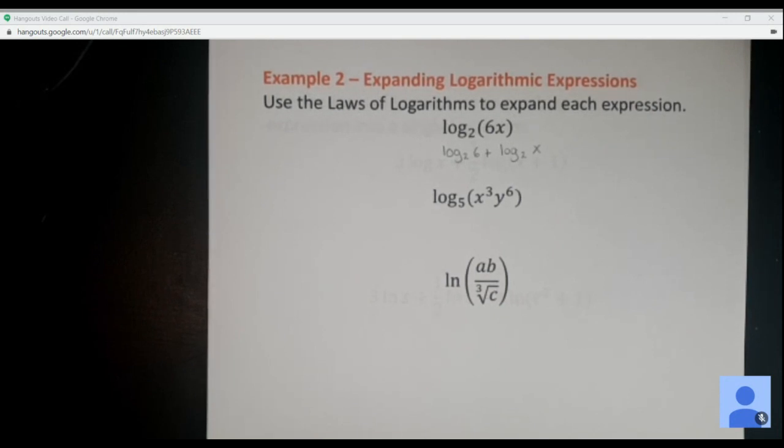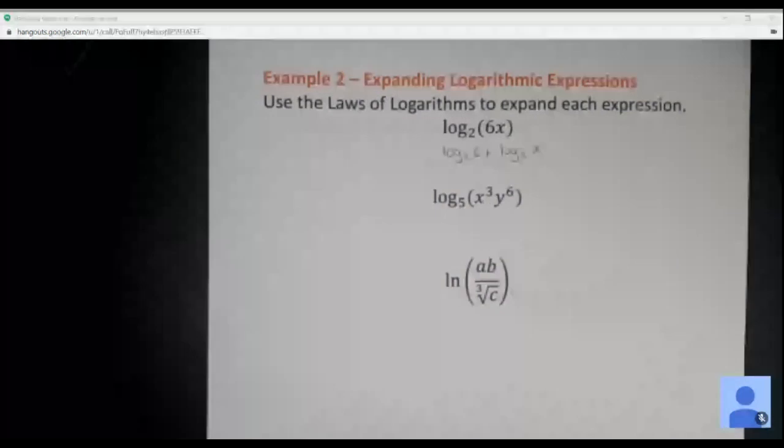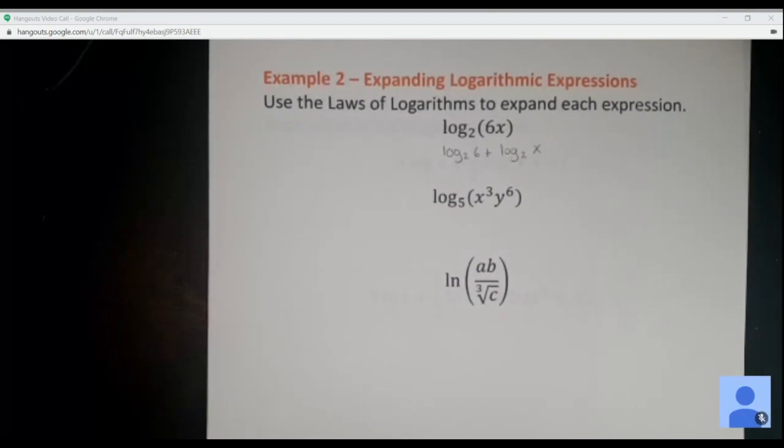But to do the expansion, what's our first step going to be? Okay, good. So it's going to be the same property as before.